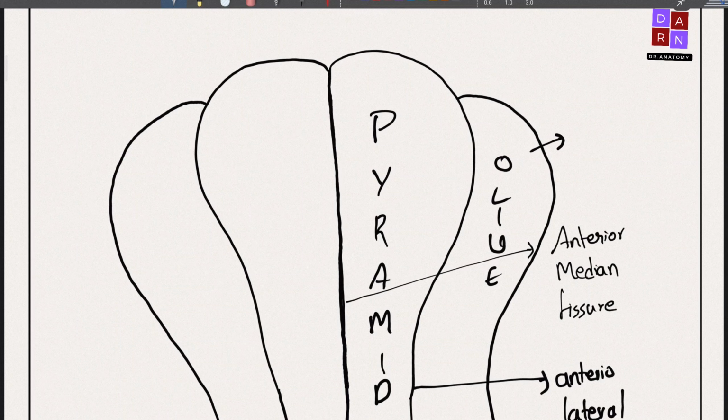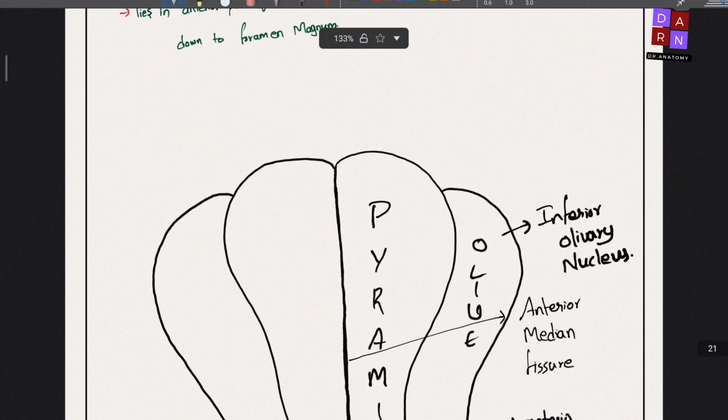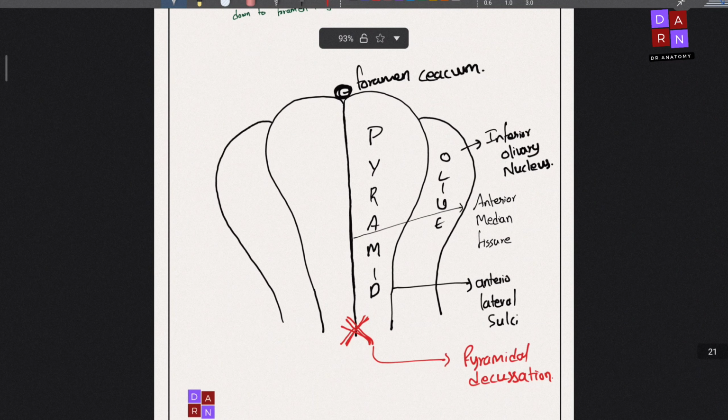It is formed by the inferior olivary nucleus. Here it is the foramen cecum.